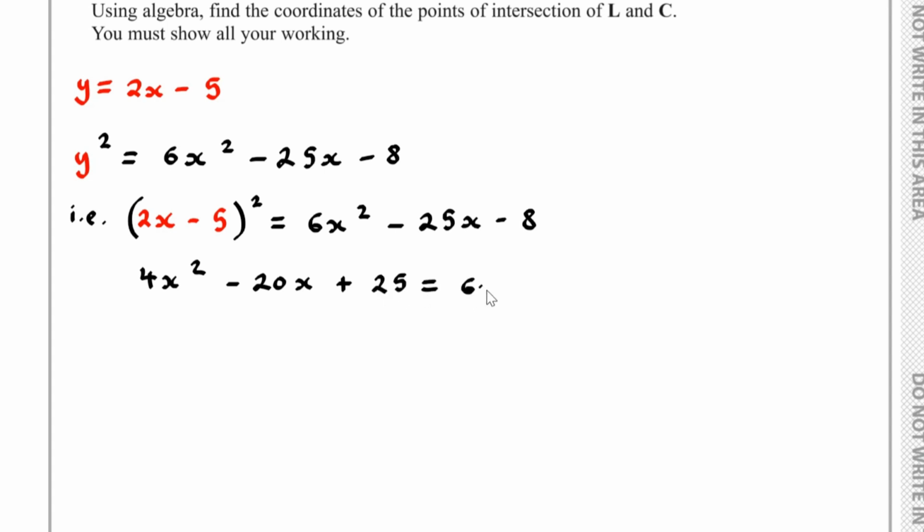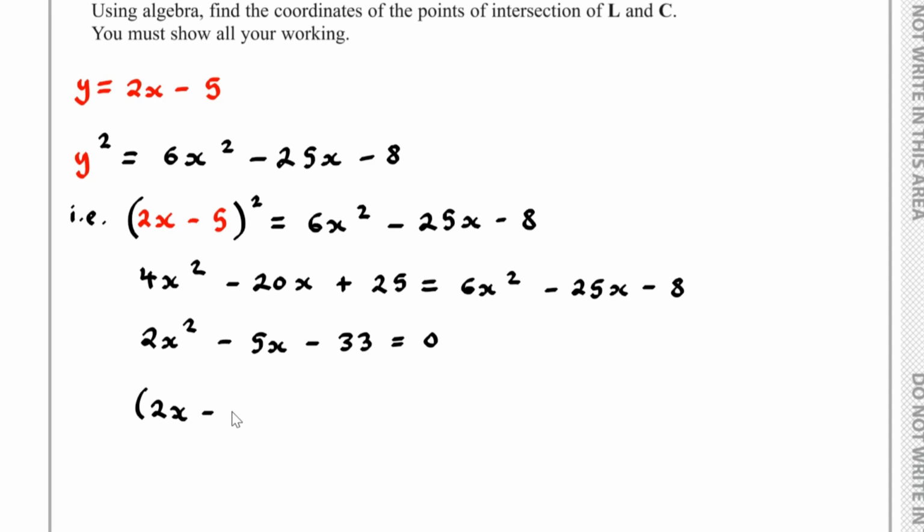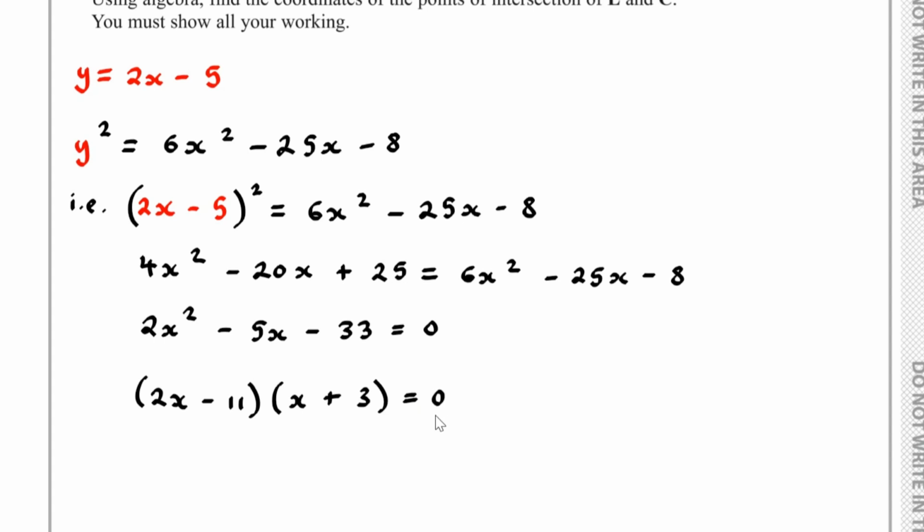And that's equal to 6x squared minus 25x minus 8. Take everything over to one side. I have 2x squared minus 5x minus 33 equals 0. And if I factorise, I have 2x minus 11 multiplied by x plus 3 equals 0.